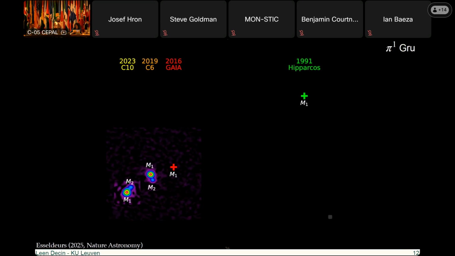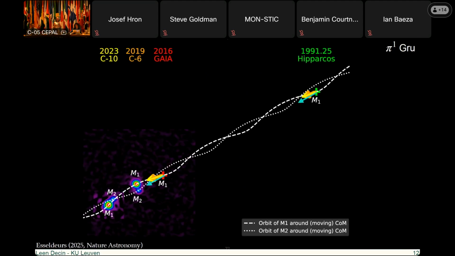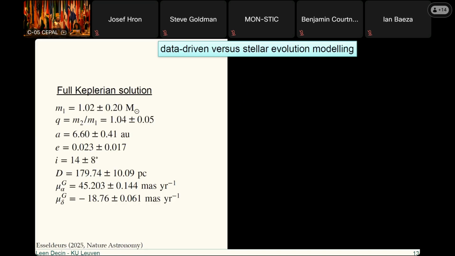We can combine that, I zoom out, with Gaia and Hipparcos data, and we can do the modeling of the orbits of one versus the other and deduce a full Keplerian solution of the whole system, including the proper motion. We have also combined towards a parallax and the system parameters. We see it is an orbit, it's a circular orbit.